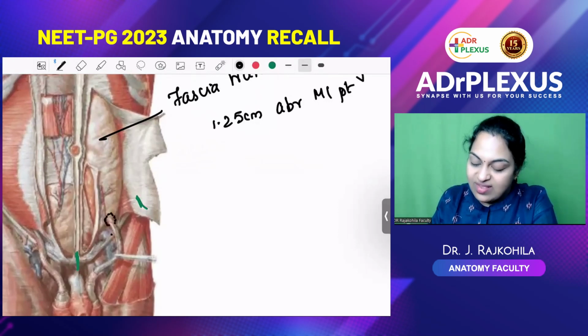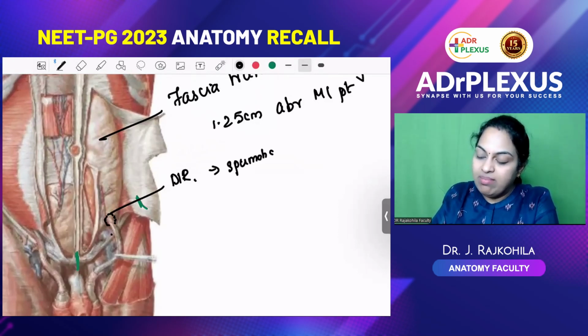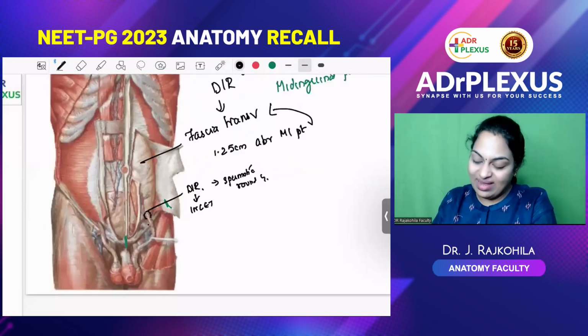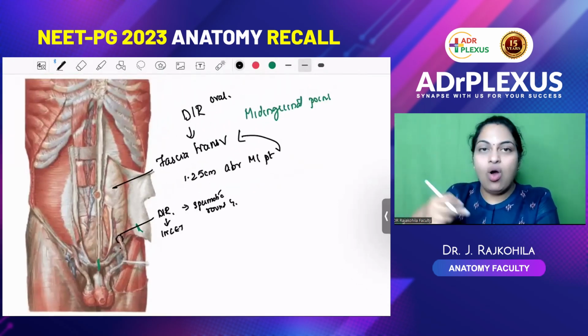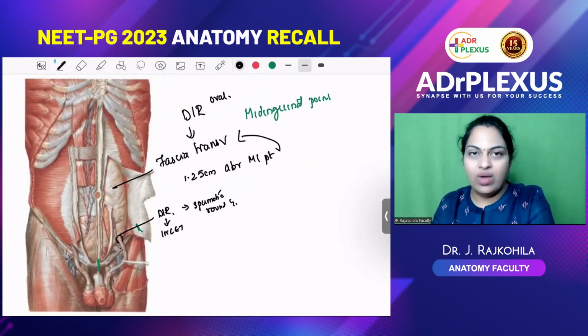This is the deep inguinal ring. And what do you see coming out of it? That's the spermatic cord in male or the round ligament in the female. This deep inguinal ring forms the inlet for the inguinal canal. So the spermatic cord or the round ligament enters the inguinal canal through the deep inguinal ring.